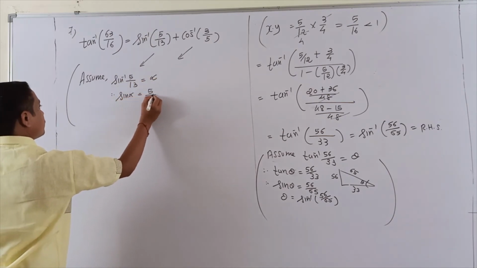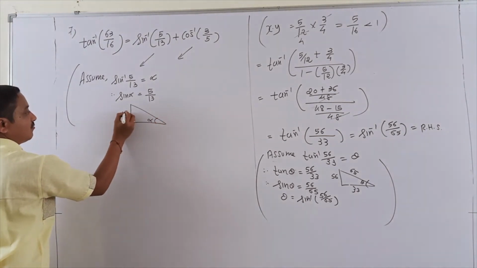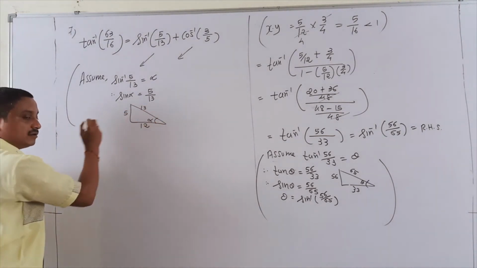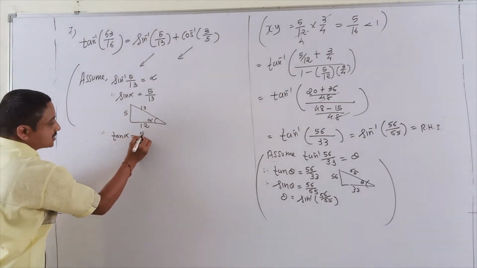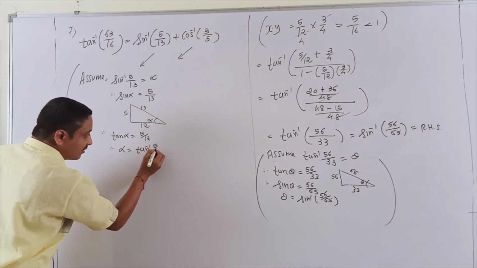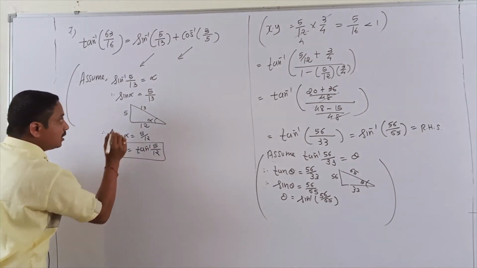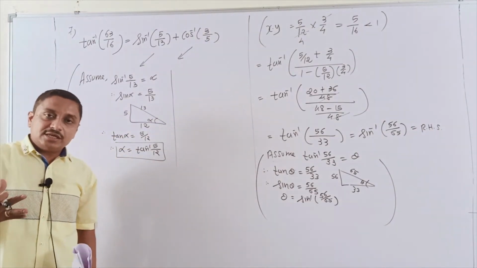So sin alpha is equal to 5 by 13. Now go to triangle. Here your alpha 5 by 13, definitely 12. So what do you get? Tan alpha? Yes, 5 by 12. So alpha is tan inverse 5 by 12. This value I utilize in the further solutions.